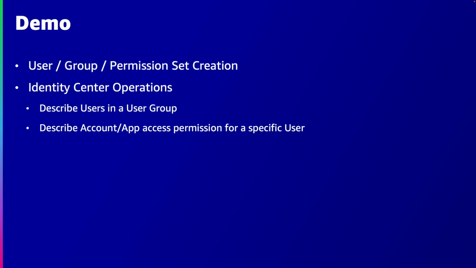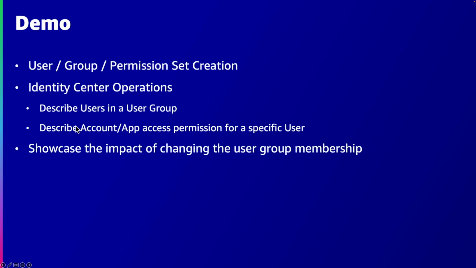So we can very easily describe the users in a user group, as shown here, and also describe the account application access permissions for a specific user. And last but not least, we can showcase the impact of changing the user group membership and see what would be changed in this case.